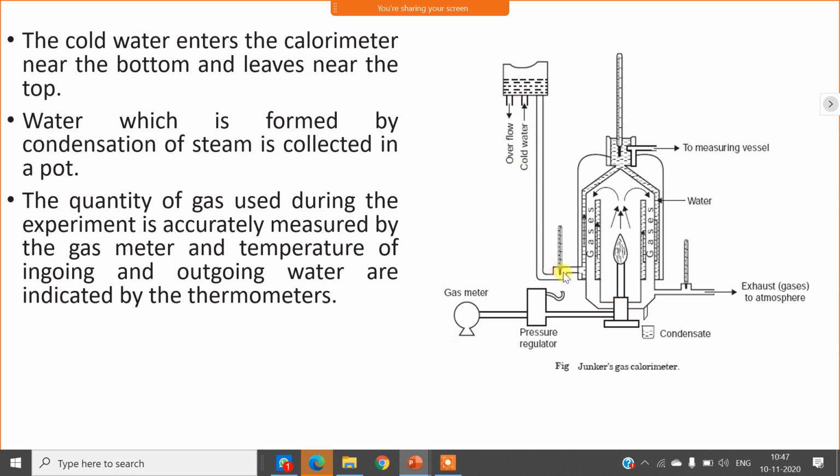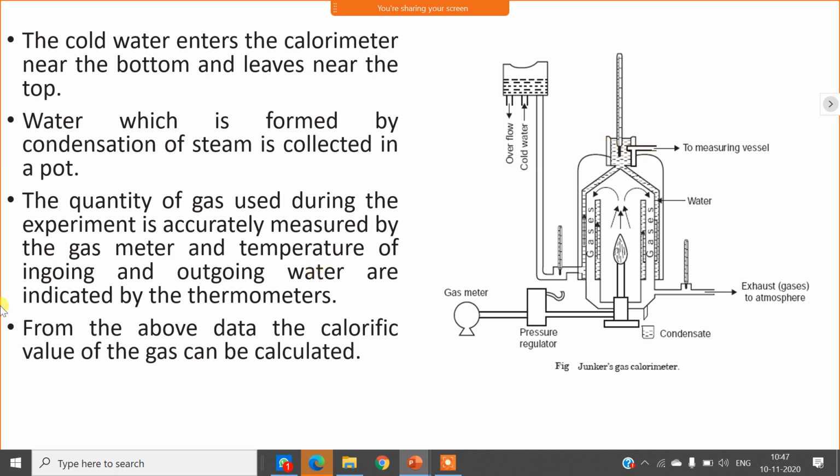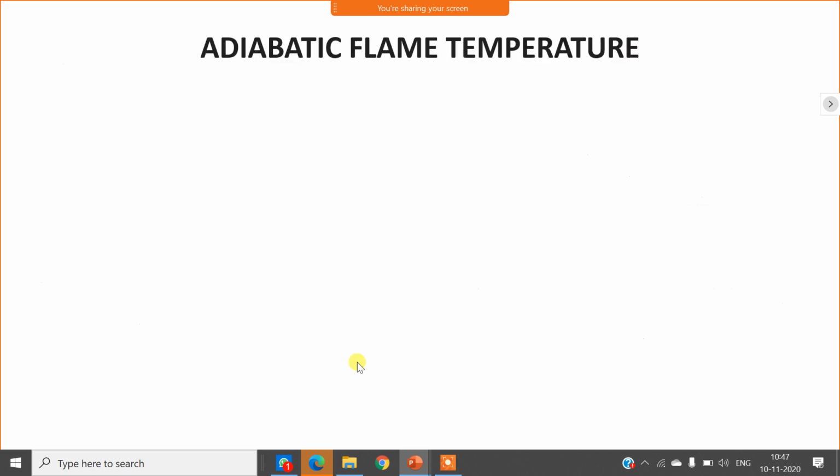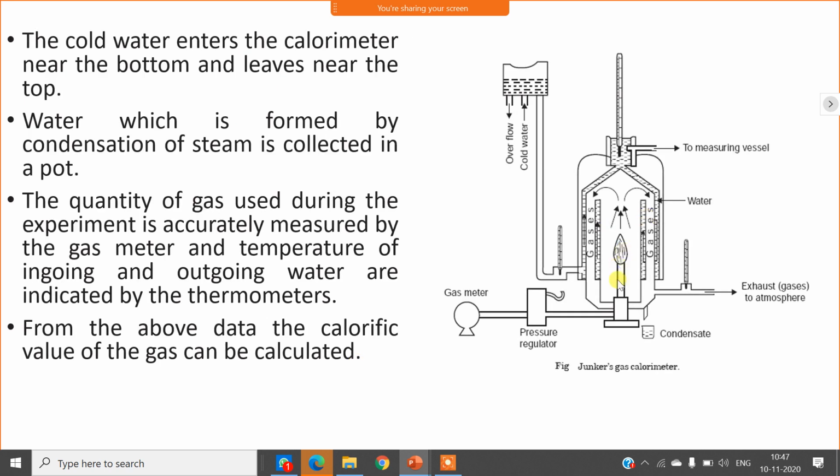The water temperature is measured at the inlet, and the outlet temperature of water is measured at the outlet. From the above data, the calorific value of gas can be calculated. The calorific value of gas can be calculated by the energy balance equation that I have explained.